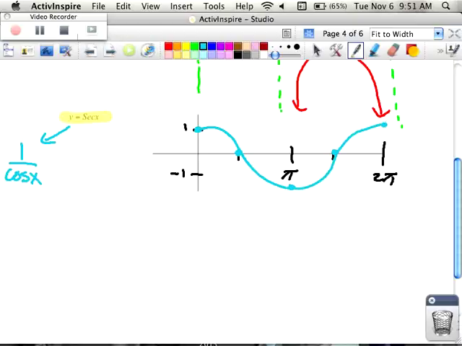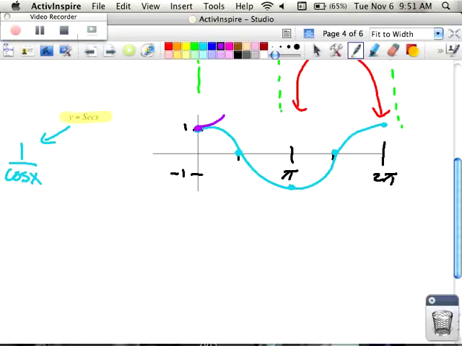And then, like the cosecant, the secant will flip the mountains and the valleys and draw the asymptotes where you cross the midline. What that means in this case is the following.